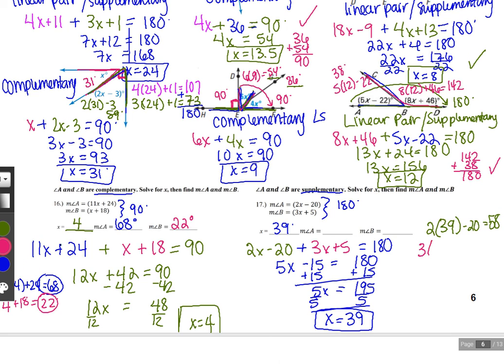And so now we need to double check if 122 plus 58 equal 180. So we know these equal 180, so we know our math checks out. And so now angle B is 122 degrees, and then angle A will be 58.